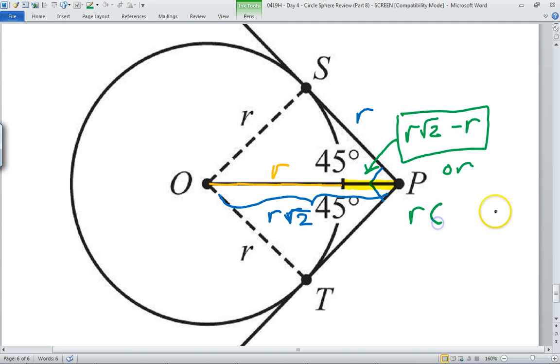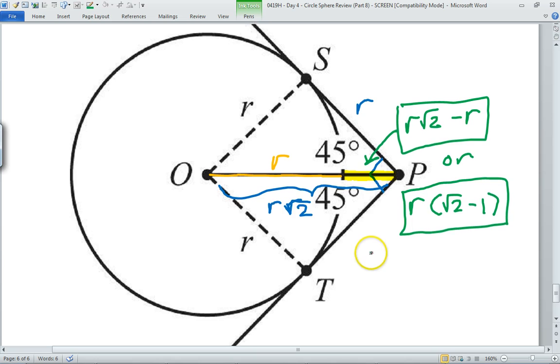They might write the answer in this form. They might pull out the GCF and factor that out. What's that going to leave inside the parentheses if I do that? That's going to leave radical 2 minus 1. So they could write the answer in this form as well. So watch out for that.